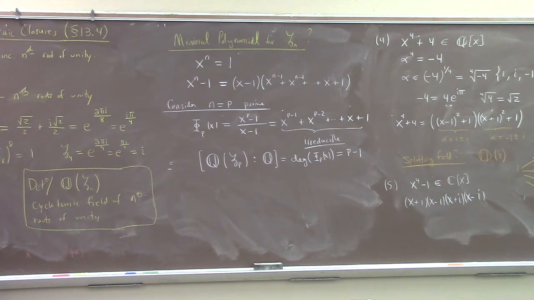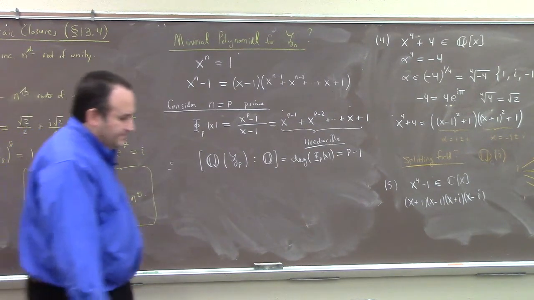I think you need an i and a root 2 for this one. And those are oil and water, right? There's no way to get one from the other. So I believe this is degree 4. I think the cyclotomic field of order eight is degree 4 over Q.